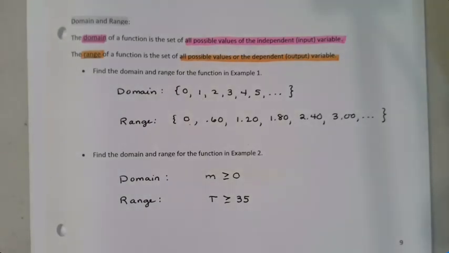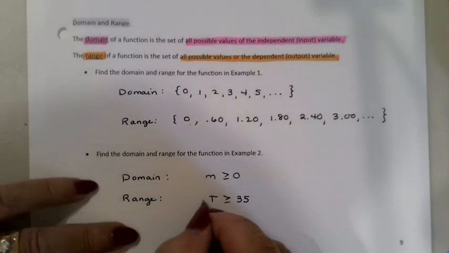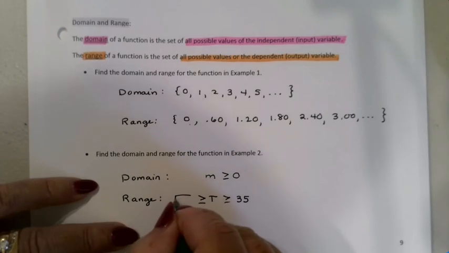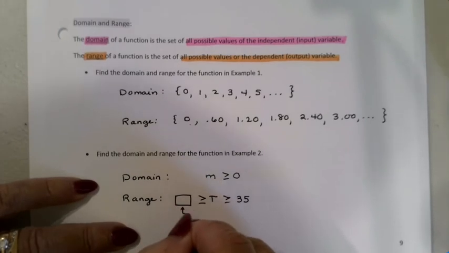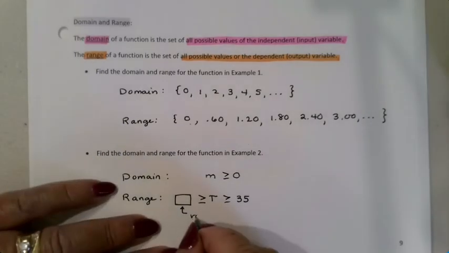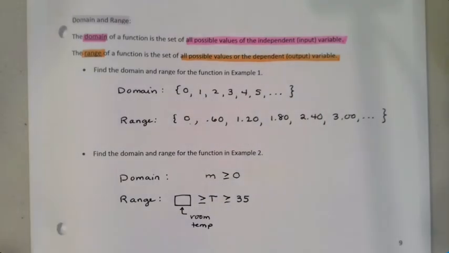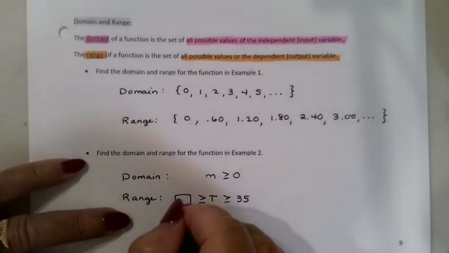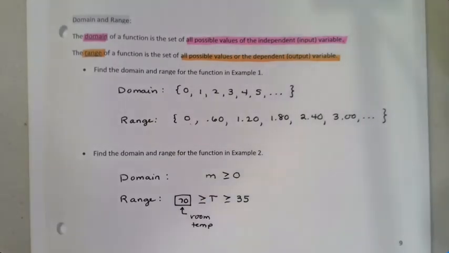The problem didn't give me enough information to really determine the upper bound, but I might say the water is never going to get any warmer than the temperature of the room. And if the problem had given me room temperature, I could fill in an exact value there. If I want to guess, I might say, room temperature maybe about 70 degrees. If I make that assumption, then I can actually put an upper bound on my range as well.